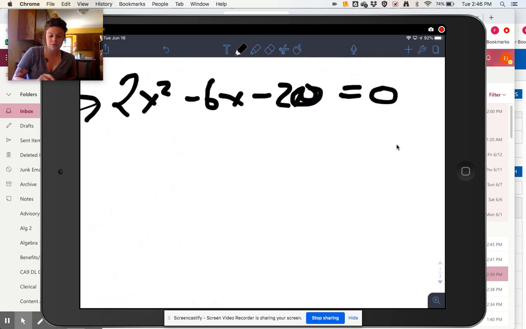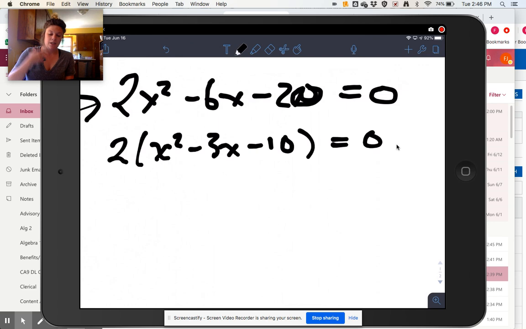So here we could say, okay, 2, and then it's x squared minus 3x minus 10 equals 0. And then, what if this was really hard to factor and you couldn't find your answers and it would be really challenging?